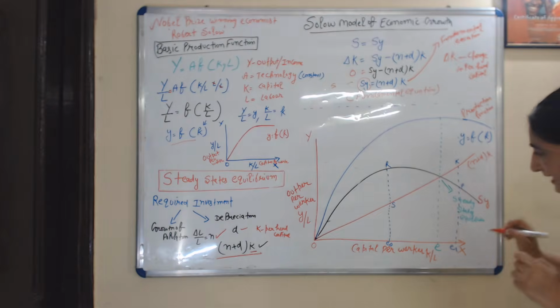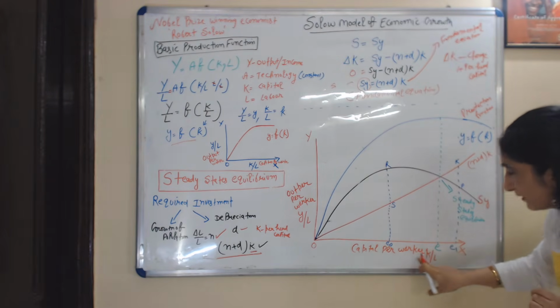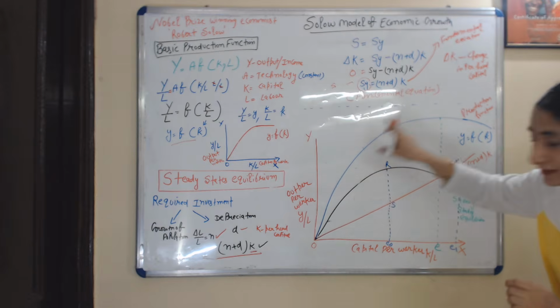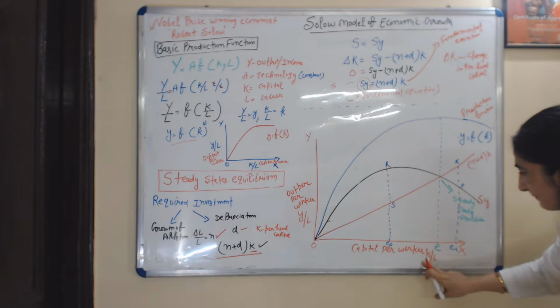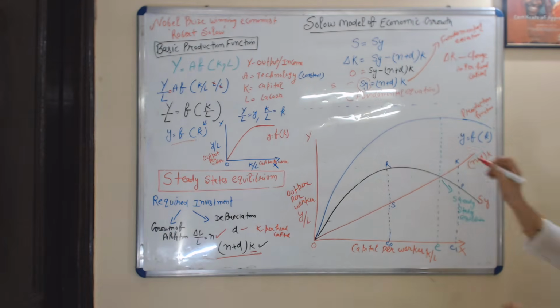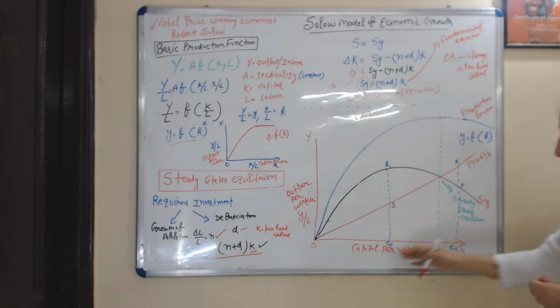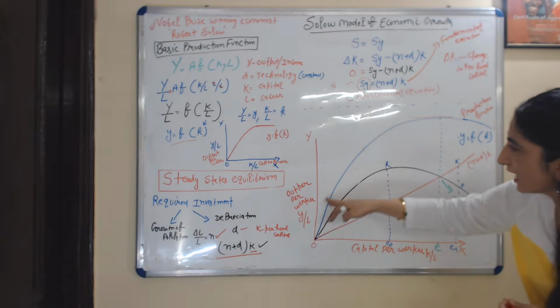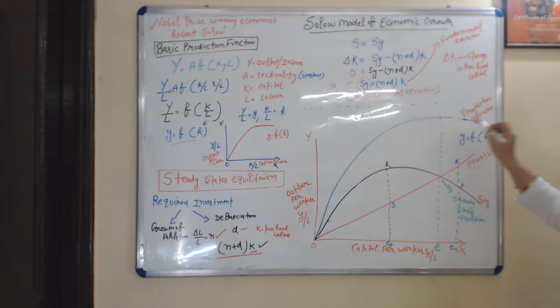You can see here, as we increase capital per worker, our output per worker is increasing. But after a certain time period, this curve becomes flat.